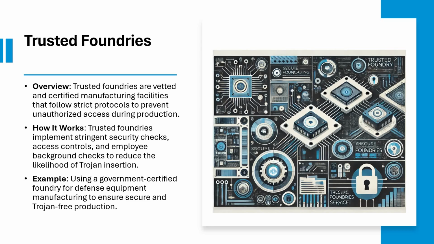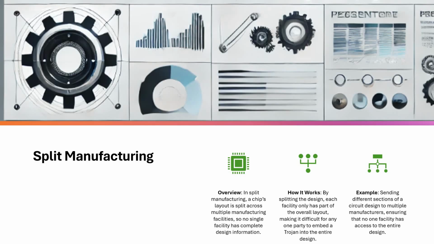They have superb access controls, and employee background checks are also done in these trusted foundries. That way, the likelihood of Trojan insertion can be reduced. For example, you can use a government certified foundry for defense equipment manufacturing to ensure safe and Trojan free production. So choosing the right one is important.